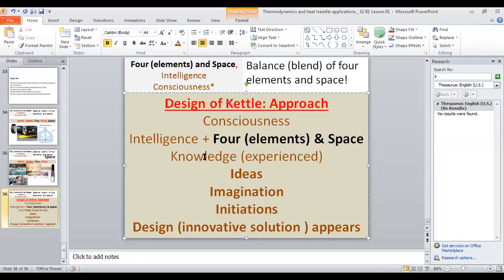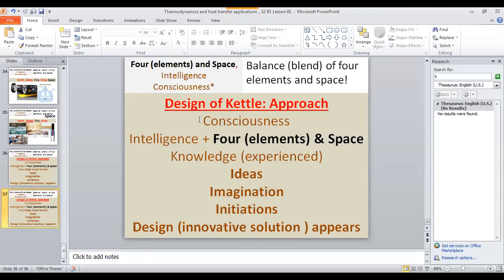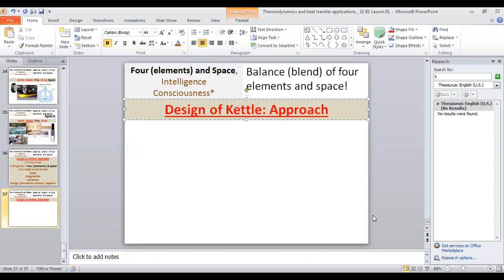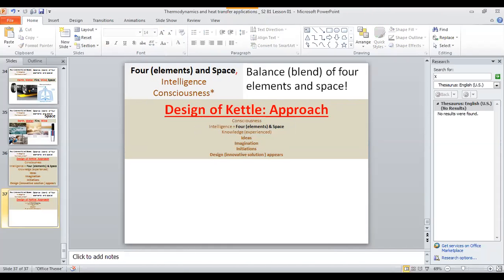This is the preparation of the background for the thermodynamics knowledge. I have to continue this further.